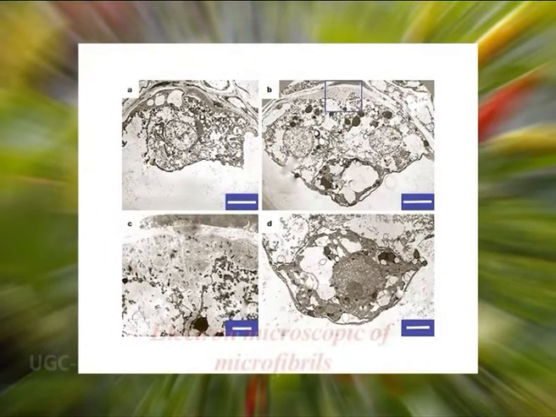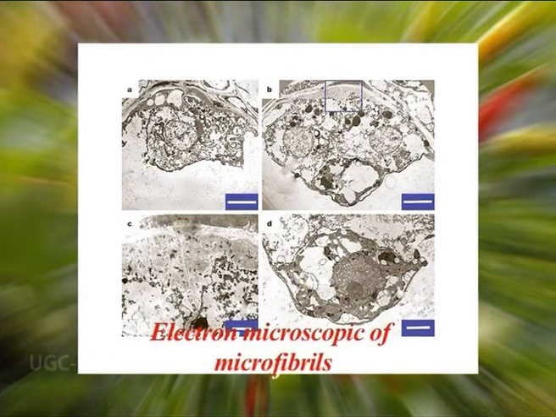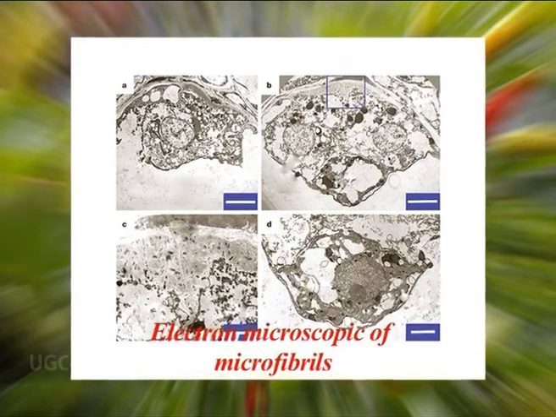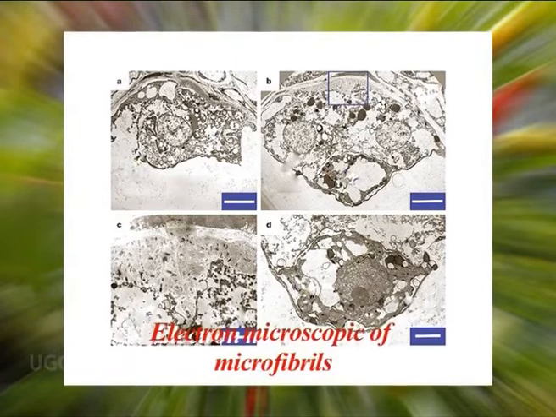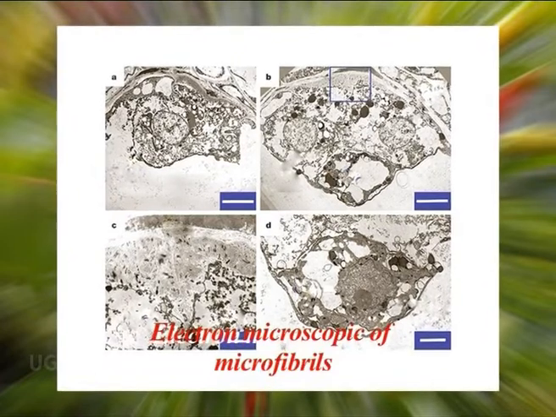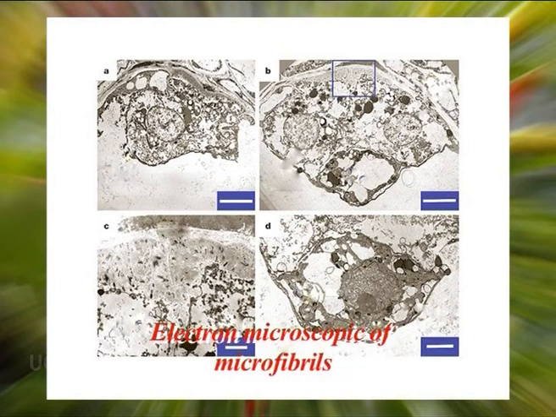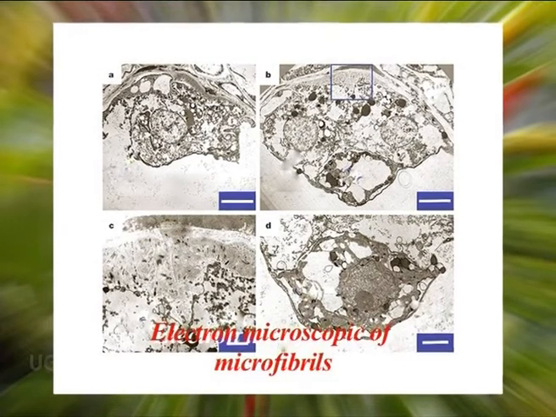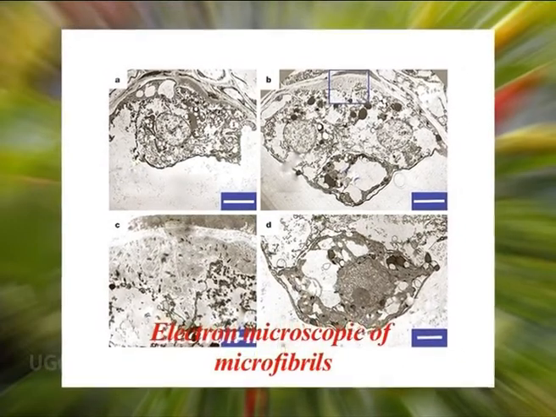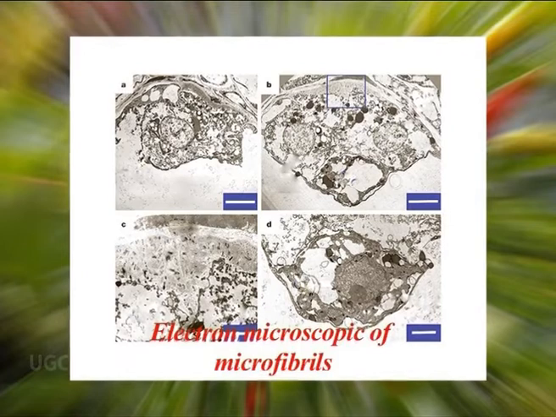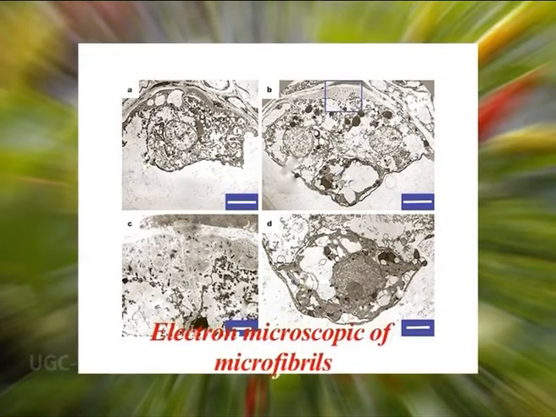The synergid is marked by a prominent system of filiform apparatus consisting of many finger-like projections. These projections arise from the cell wall of the synergid and penetrate into the cytoplasm of the central cell. Electron microscopic studies have revealed that each finger-like projection represents well-packed microfibrils containing polysaccharides within a non-fibrillar sheath.